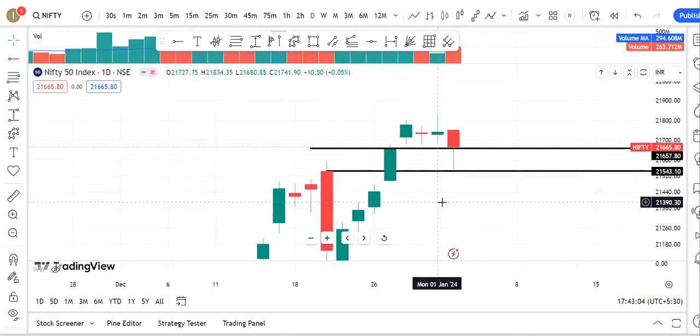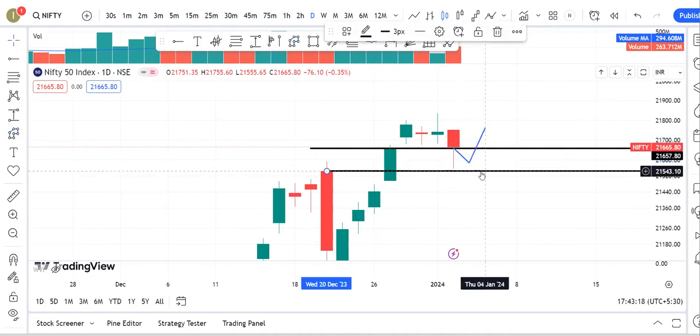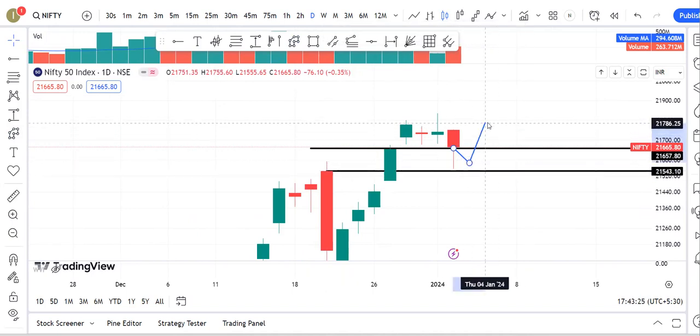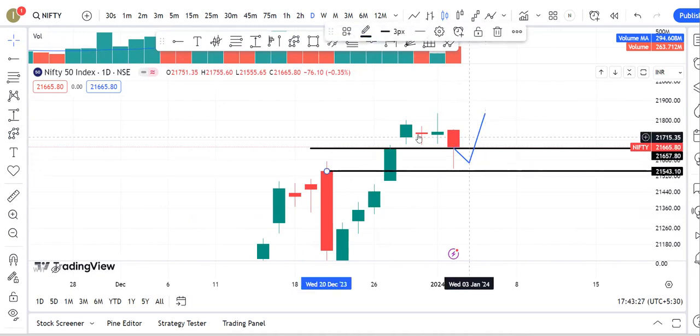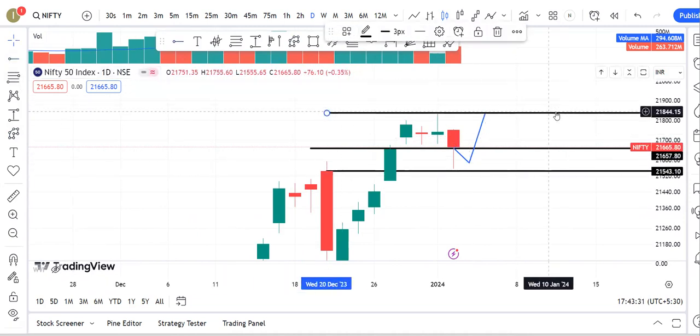The close is a bearish close. We need to see how the play will go. Probably the market can start in a bearish tone and it can start moving upwards. That is a possibility. It can take support at this level and start moving higher. So the upper range is here.